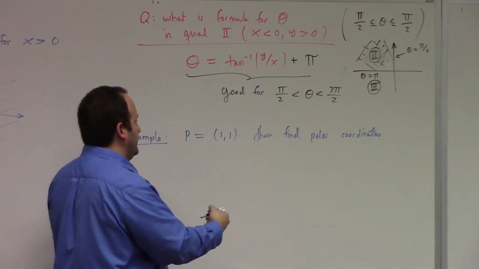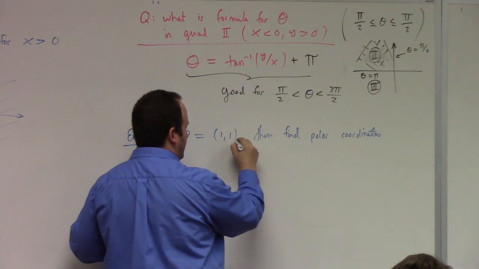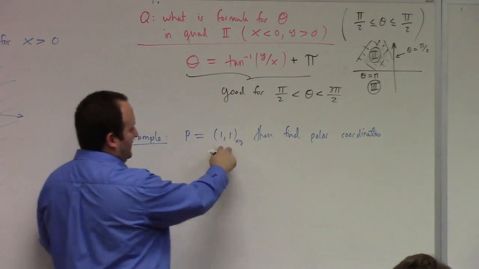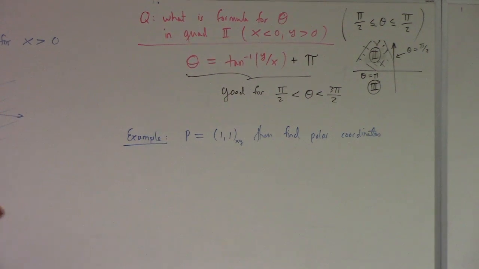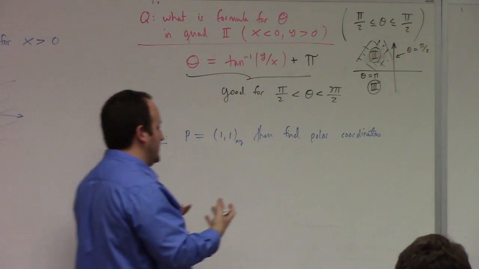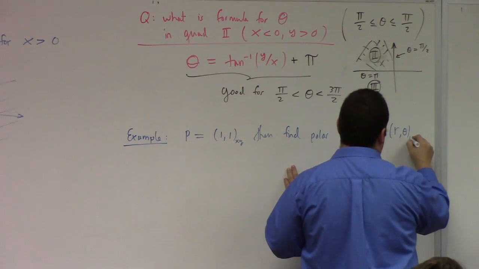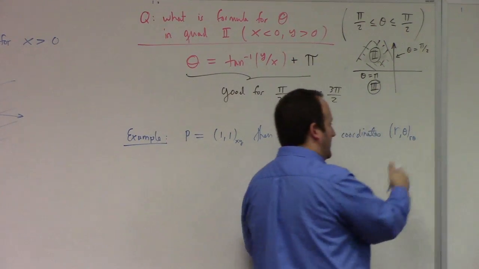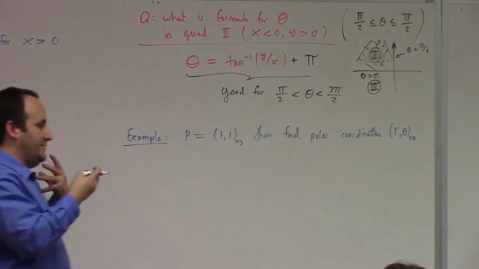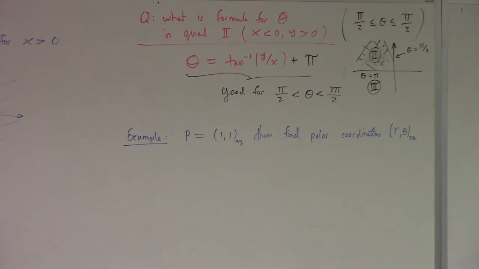When I'm doing these kinds of problems, I sometimes like to put a little xy here to emphasize that these are the Cartesian coordinates. And then I want to find the polar coordinates, in other words, r and theta. I might put a little r theta there to emphasize that's the polar coordinates.